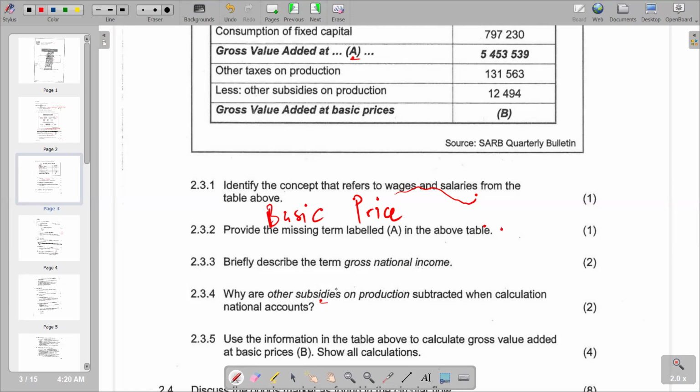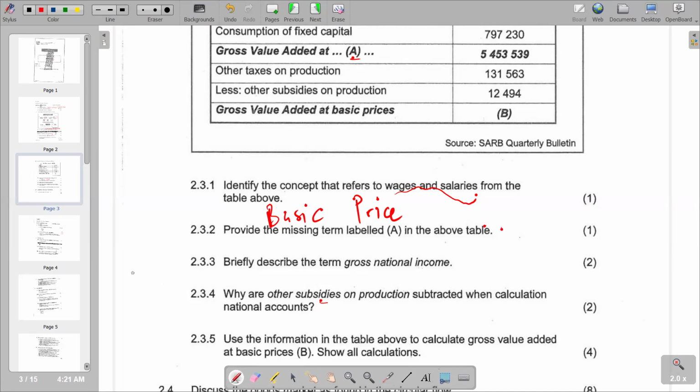So they are subtracted because when subsidies are issued, they are issued with the main aim of reducing the price. That's why we have them being subtracted there.